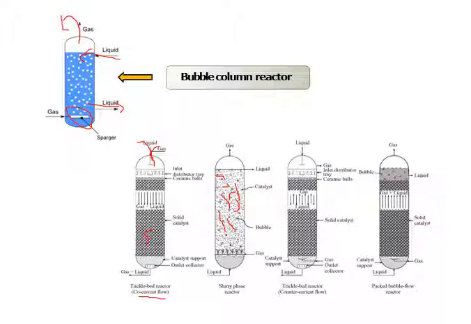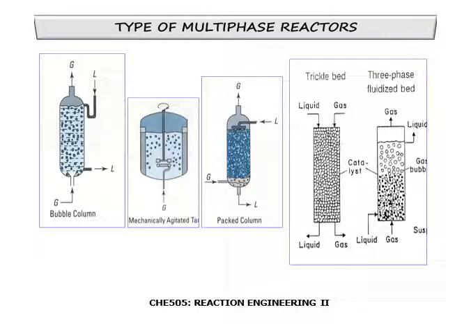And then another trickle bed reactor is the counter current flow configuration, whereby the liquid and the gas are not in the same direction. This is gas going out, and that is the liquid going in, and both gas and liquid pass through the solid catalyst. And the packed bubble flow reactor. All these four use the same concept as the bubble column reactor.